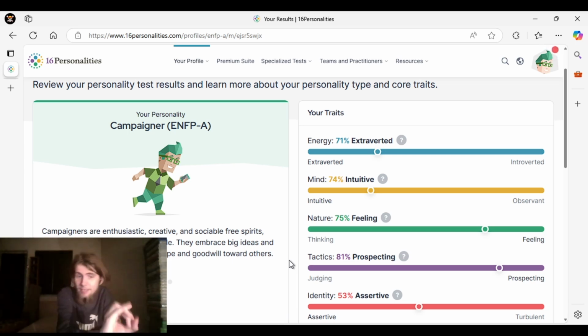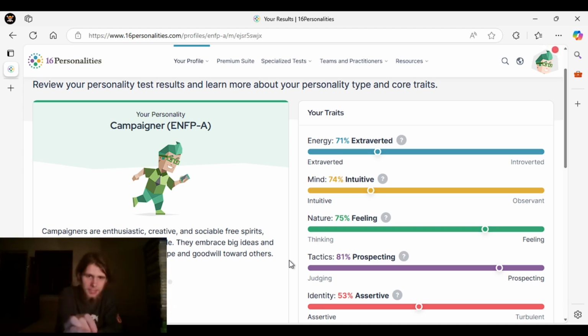That doesn't mean that ENFPs can't be evil or villainous, because those types of ENFPs are just the most chaotic type of ENFP you can get. See an explosion?